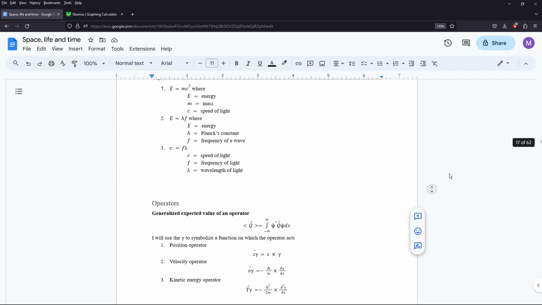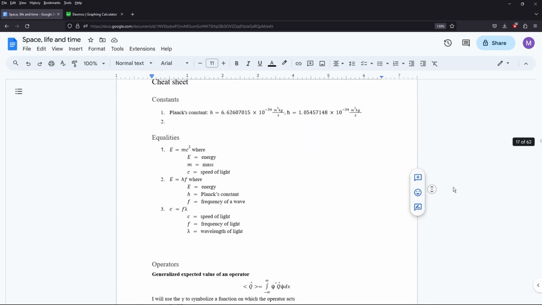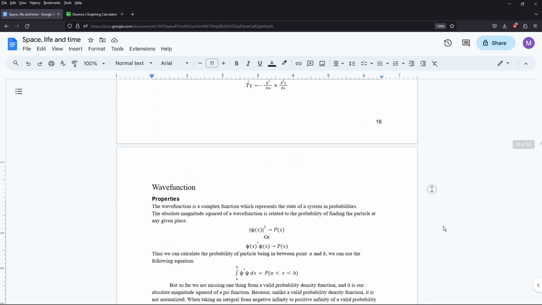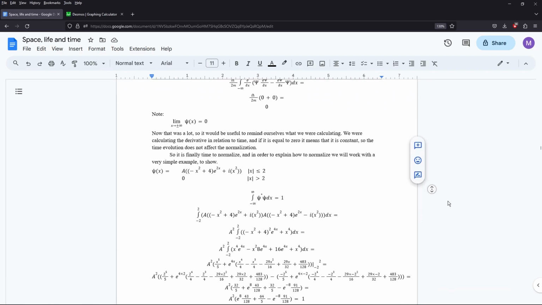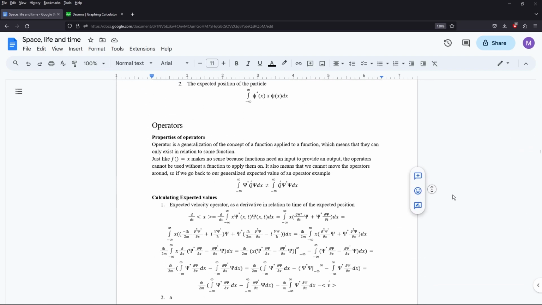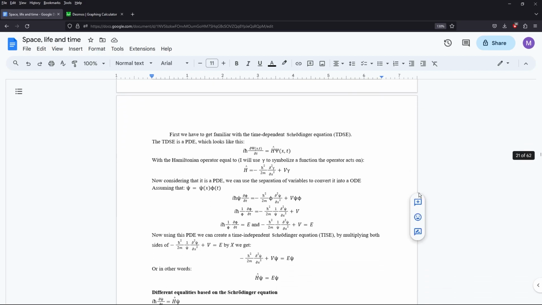For that, we'll have to go back to Schrodinger's equation, which I just realized I haven't shown in the video once. This is Schrodinger's equation. It would deserve a video of its own, but it's complex.